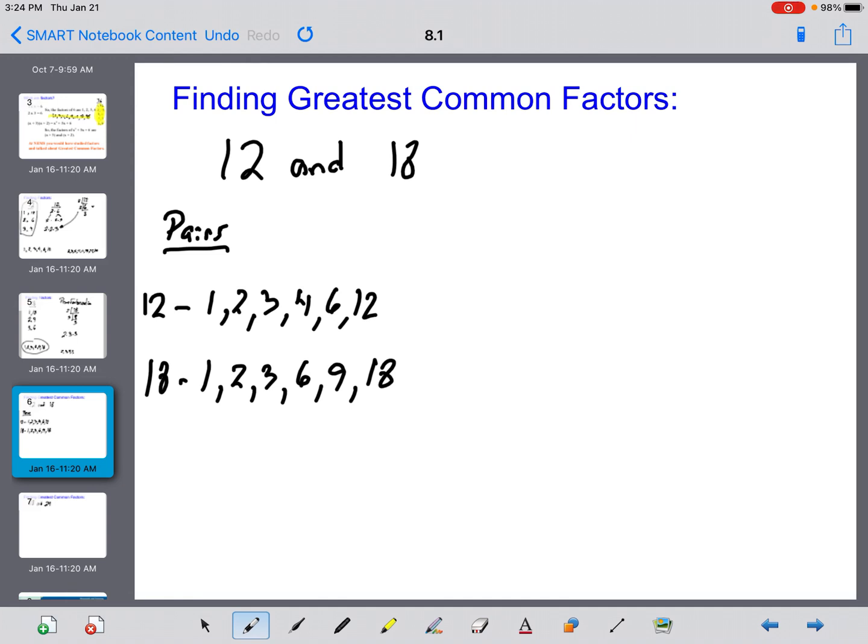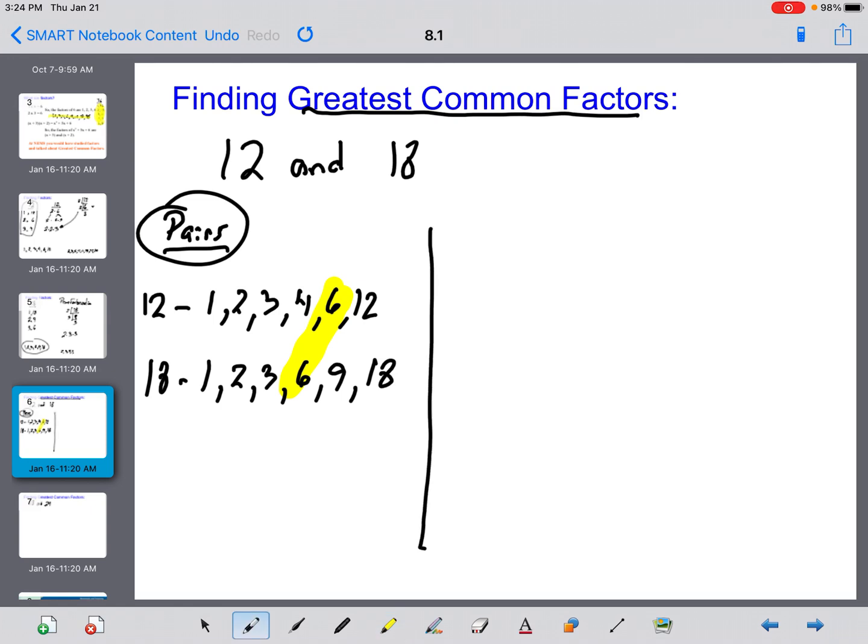Yep. All right. So these are the factors that come from the pairs. So we're talking about the greatest common factor. Is it obvious to you that the greatest common factor is 6? That's not new math. That's old math. You should know that. But I want to look at it a different way because of where we're going.